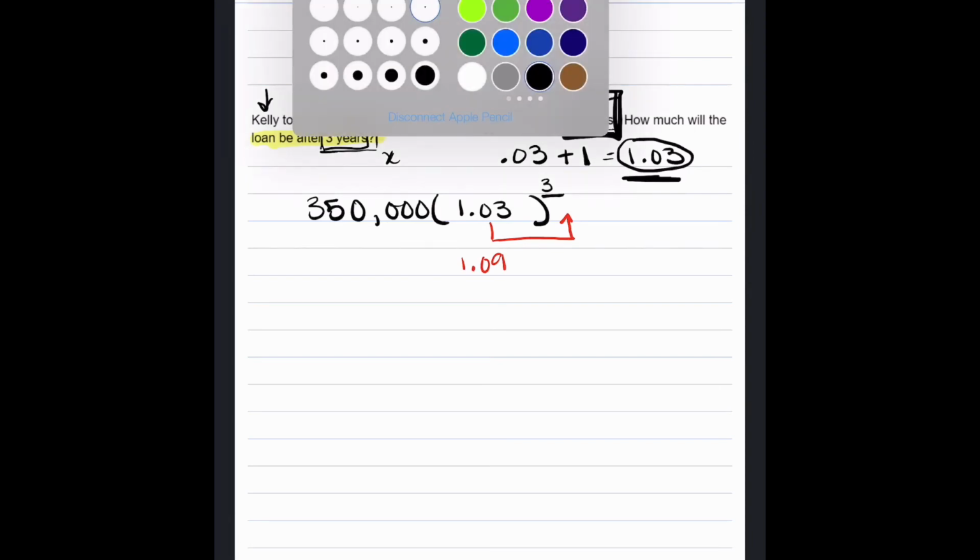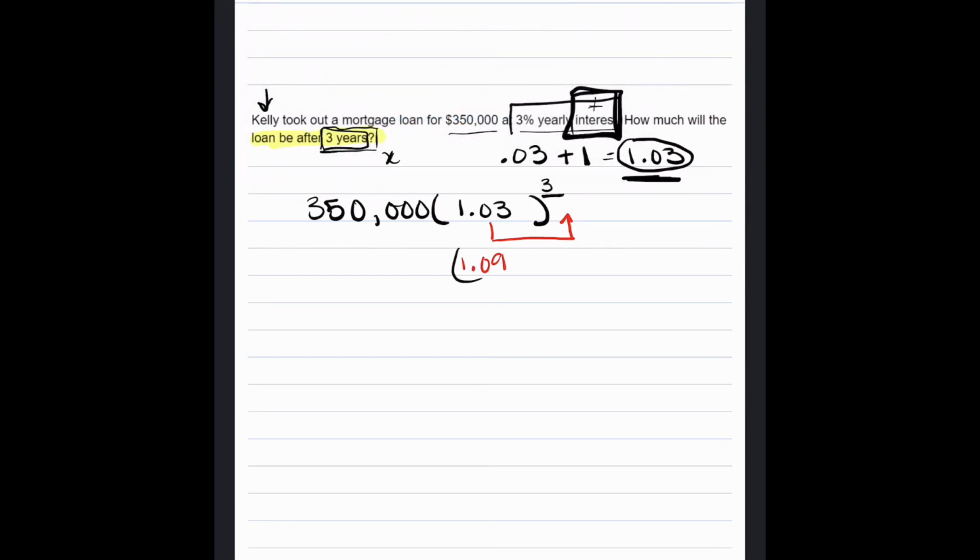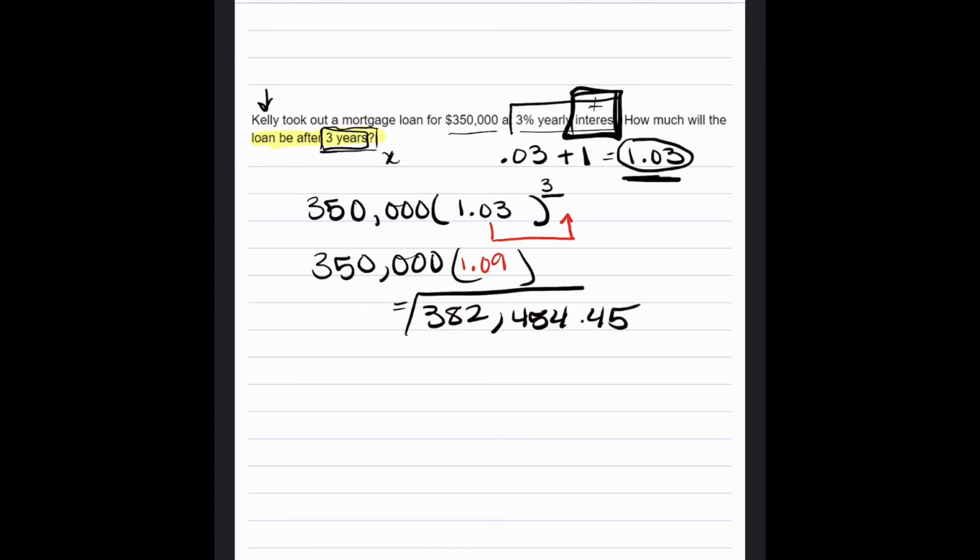Then we can multiply that times the 350,000, and we get 382,454.45, which is what we got after all of those steps.